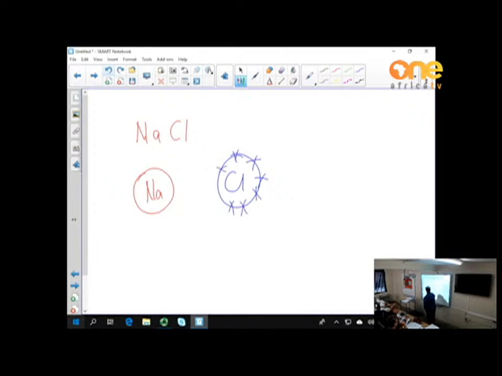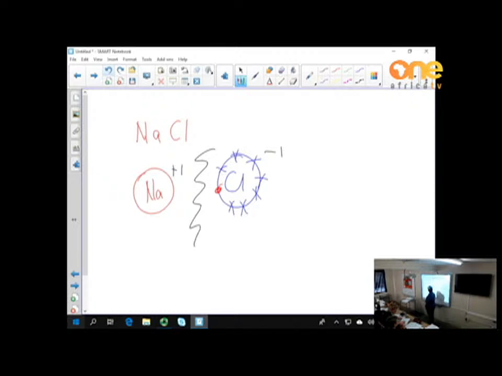The sodium, because it is the metal, gives its electron to chlorine, and we get a positive ion and a negative ion.